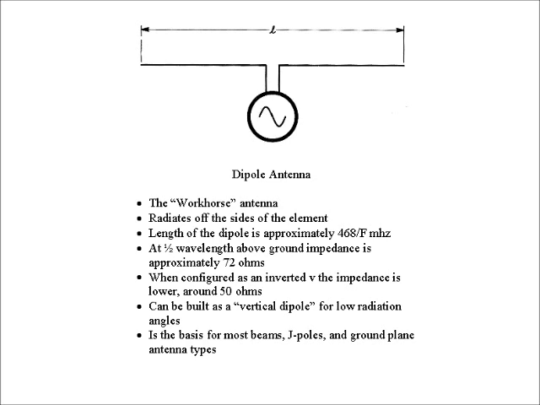So let's see how we get to 72 ohms. Why do you care about the 72 ohms, by the way? Feed line, exactly right. What kind of feed line do you want to put on an antenna that's 72 ohms? You'd like a piece of 72 ohm transmission line, right?